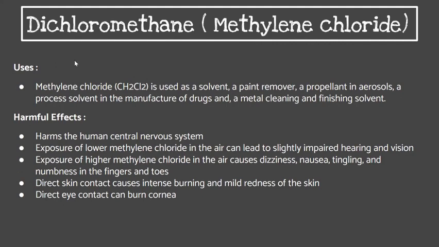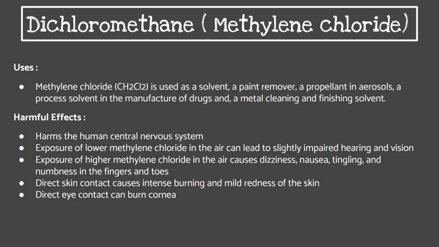Before its uses, let's look at the formula of methylene chloride. It is CH2Cl2. Methylene chloride is used as a solvent, a paint remover, a propellant in aerosols, a process solvent in the manufacture of drugs, and a metal cleaning and finishing solvent.